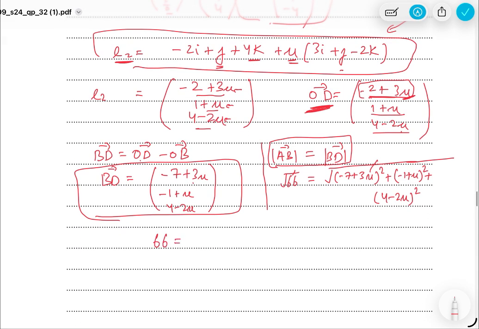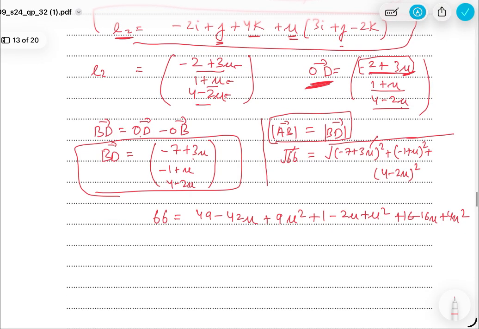So 66 equals, you can expand the brackets if you want. Yes, we have to expand the brackets to find the answer. And what would it give us? It would give us 49 minus 42 mu plus 9 mu squared plus 1 minus 2 mu plus mu squared plus 16 minus 16 mu plus 4 mu squared.